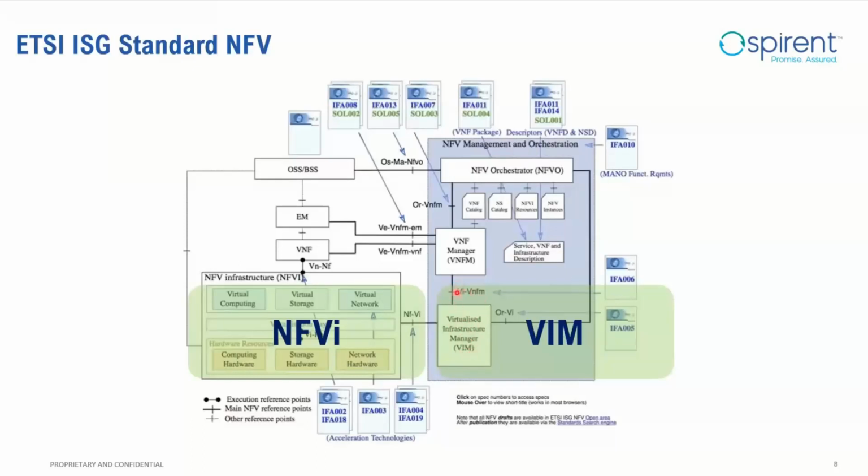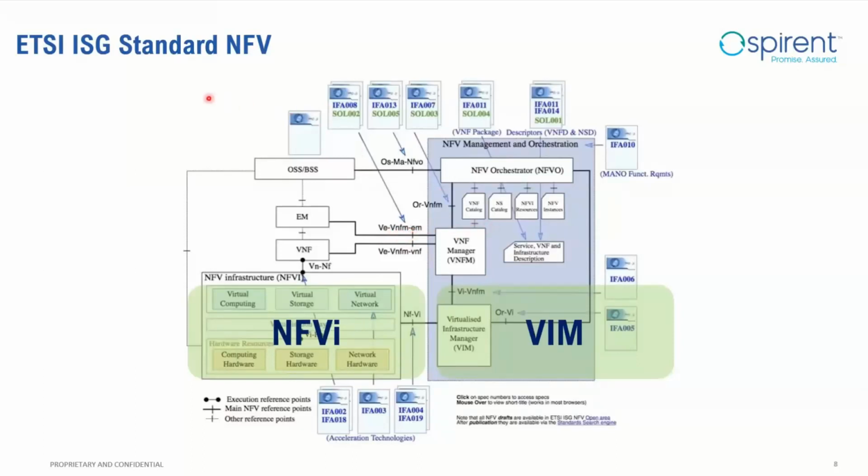So there are different reference points for how they integrate and all. So if a vendor builds his VIM, he has to follow the ETSI standard. He should follow the Or-Vi standard so that he can get integrated to the other components of this end-to-end NFV architecture. So these are all the different reference points: Or-Vi, Vi-Vnfm, Ve-Vnfm, and so on.